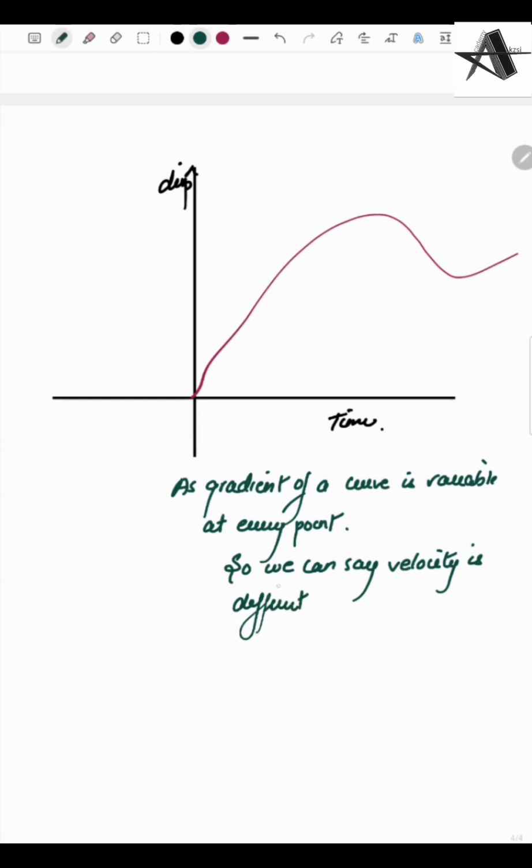And if velocity is different at every point, that shows that this is an accelerating body. And now the next thing that we are studying is acceleration.